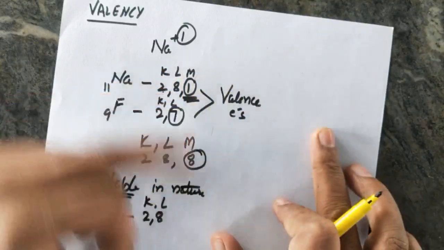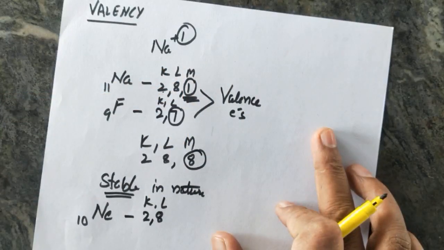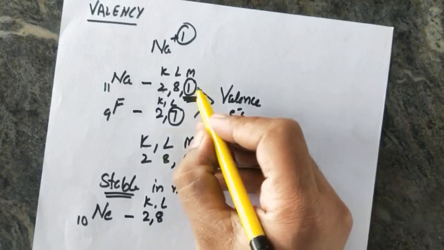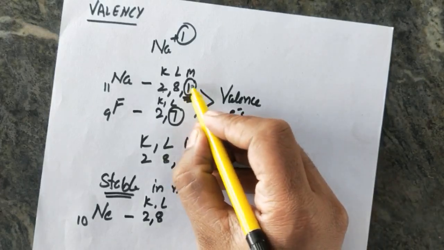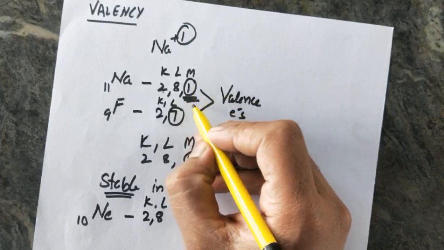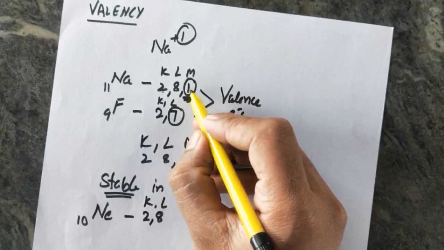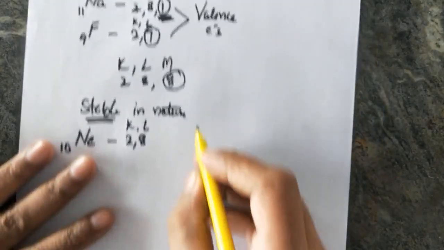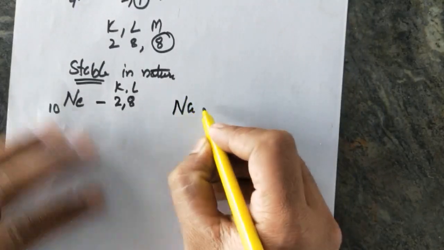An element can either gain or lose electrons to attain stability depending upon the probability. In case of sodium, the probability of losing 1 electron is greater than that of gaining 7 electrons. So sodium will lose 1 electron.